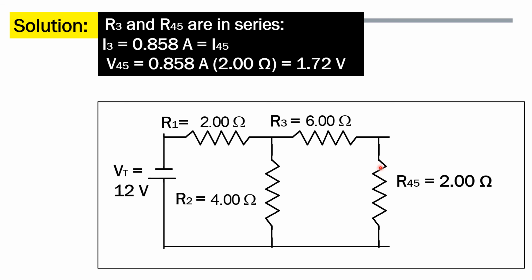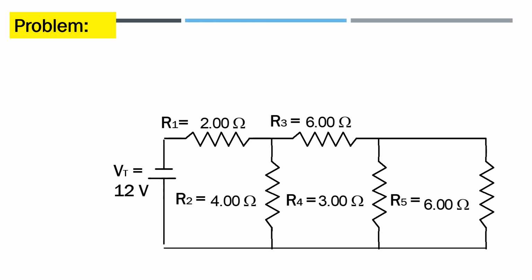So, coming to the last slide, this will be the last portion of our circuit, determining the current through R4 as well as R5 and their individual voltages. As you can see, this is the original circuit diagram that we had at the beginning of our discussion.